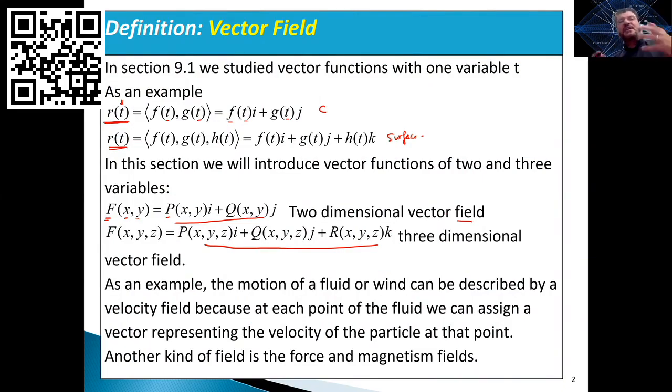What are the fields? An example of fields are as follows. As an example, guys, the motion of fluid or wind can be described by a velocity field because at each point of the fluid, we can assign a vector representing the velocity of the particle at that point. So here is, for example, the river.